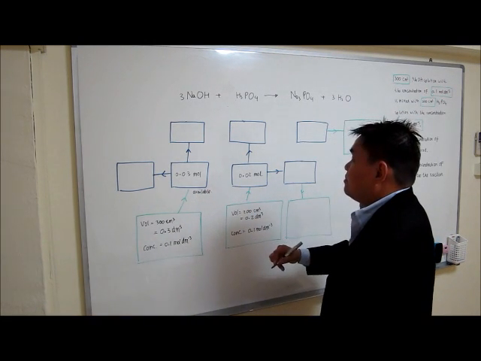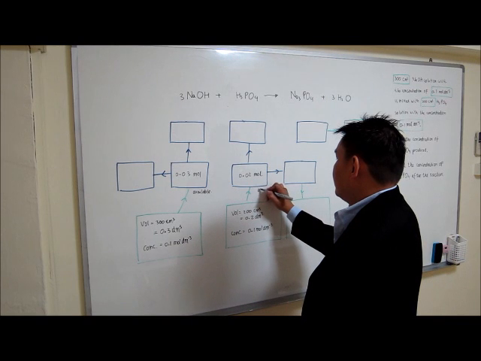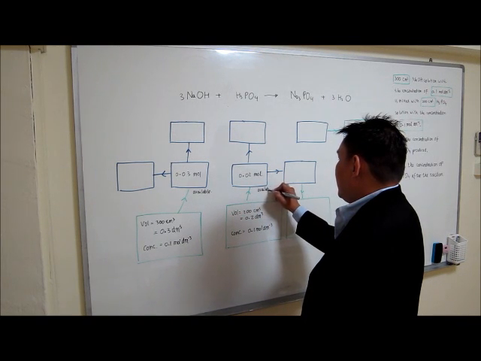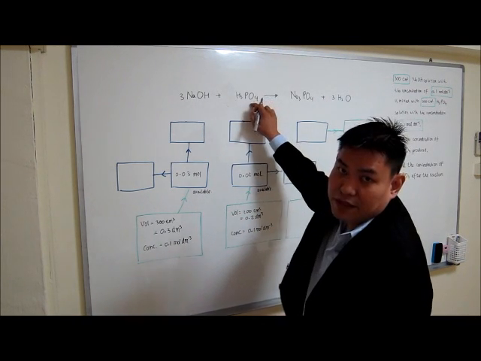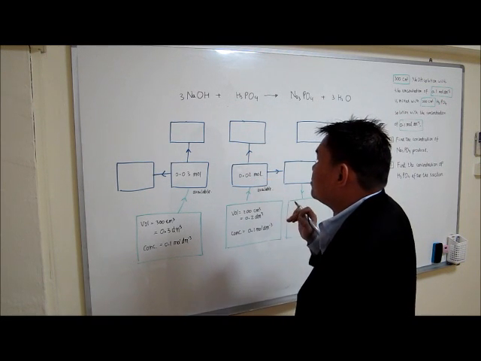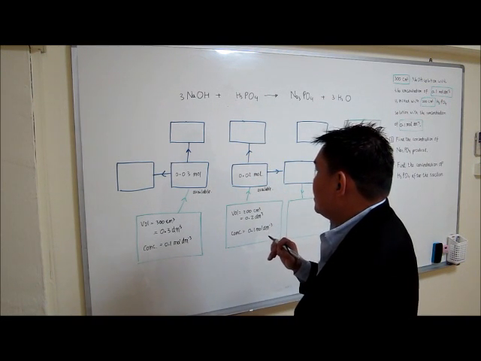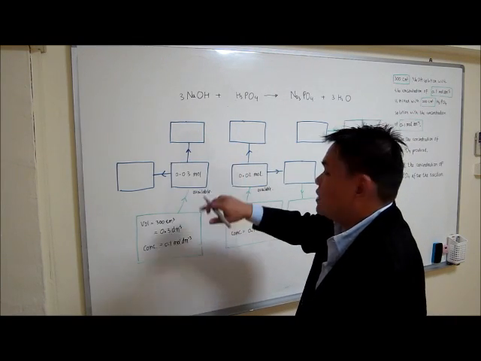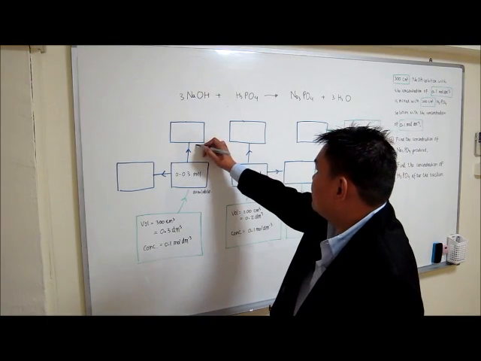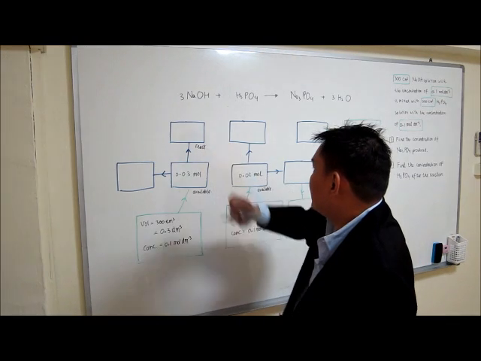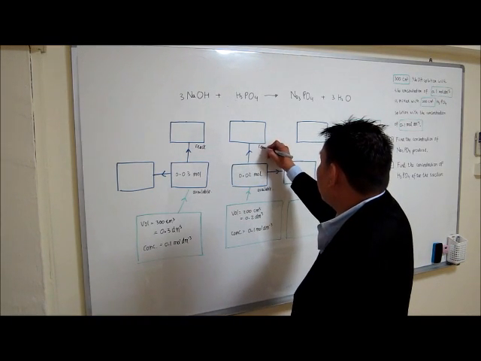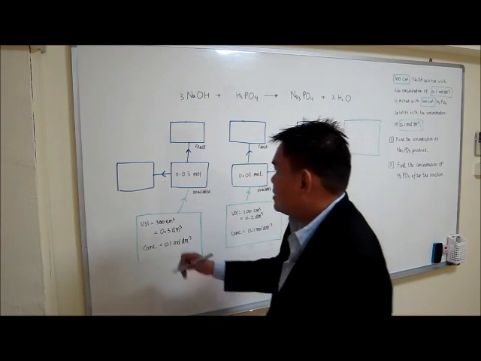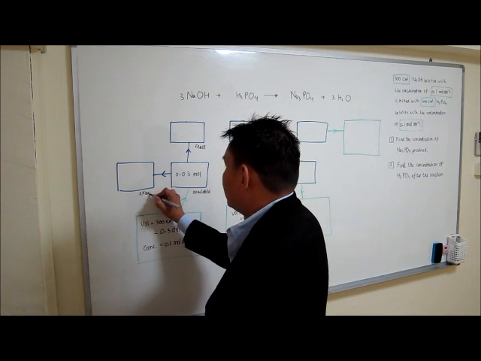So 0.03 mole of sodium hydroxide is available, and the one that is available in phosphoric acid is 0.02 mole. Now, some of these moles will react. Some will react, some will not react because it is in excess.